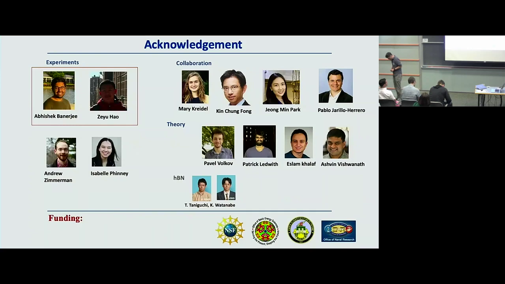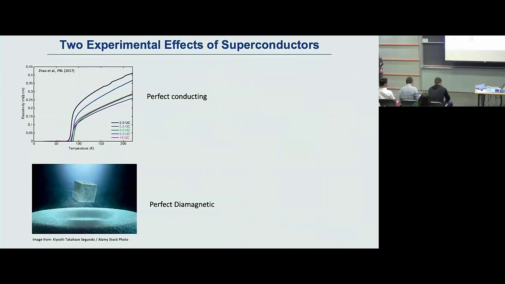So when we discuss any superconductivity, you want to demonstrate zero resistivity and the Meissner effect. Of course, in 2D materials, especially at this small scale of Moiré superconductivity, diamagnetism is often rather difficult to demonstrate, but there are some related things one can study.